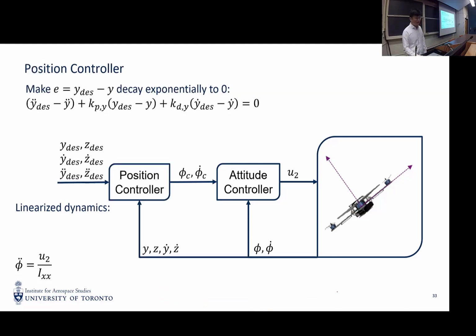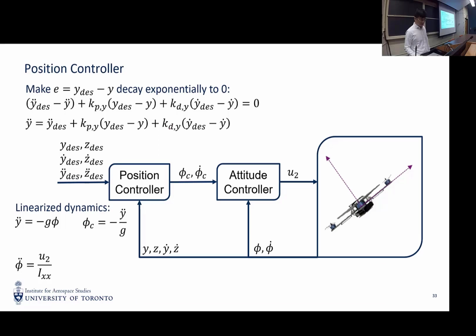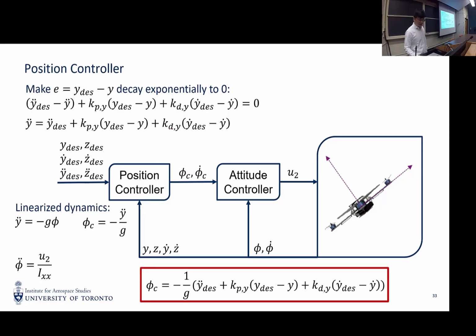And then on top of that, we design this position controller, also using the concept of PD control. In the PD control, we treat the quadrotor translational motion as a point mass. If we have a horizontal position error, then we convert this horizontal position error into a phi command.